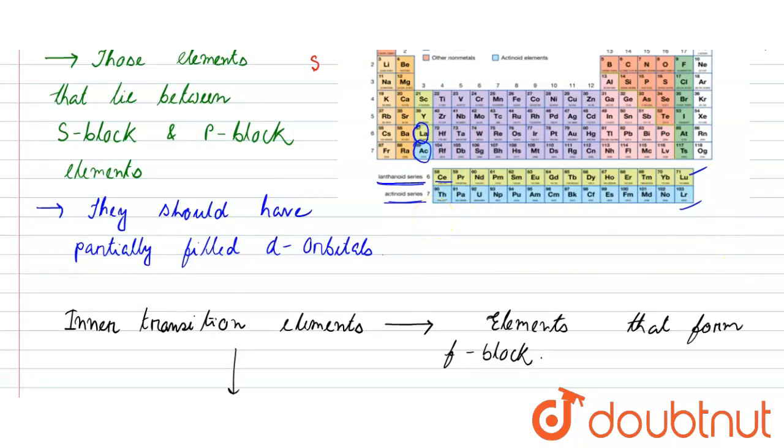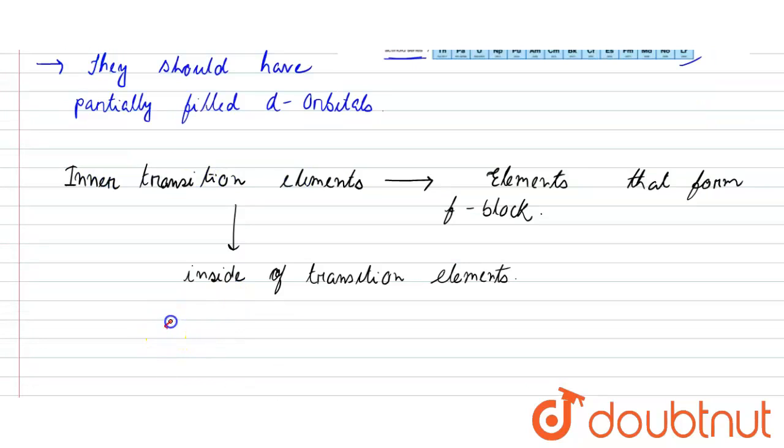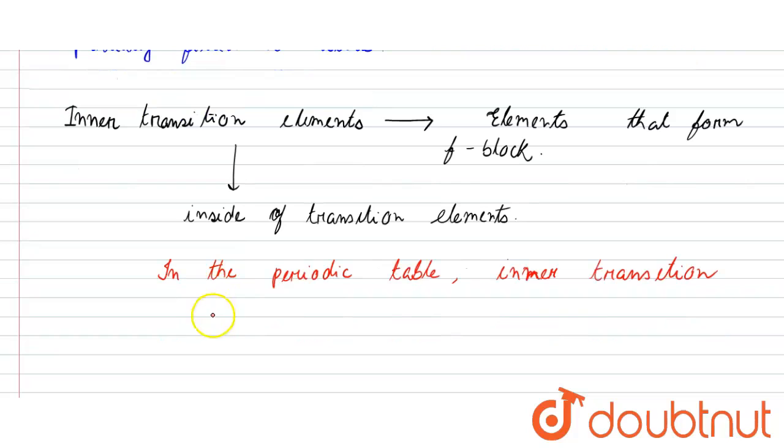So we can say in the periodic table, inner transition elements lie in the bottom.